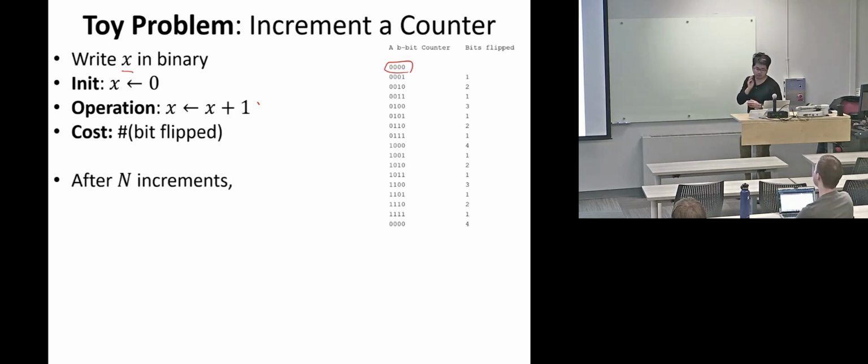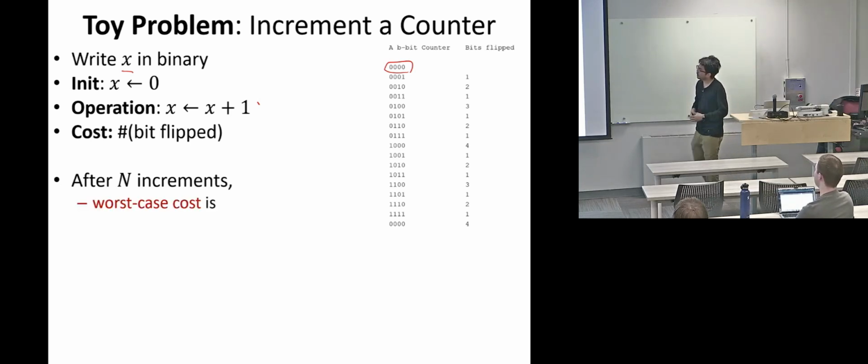And suppose that I have n many increments. Can someone quickly tell me what's the worst case cost on each operation? How big can it be? Yeah, it's log base 2 of n, however many bits there are, you're flipping all of them. Exactly.